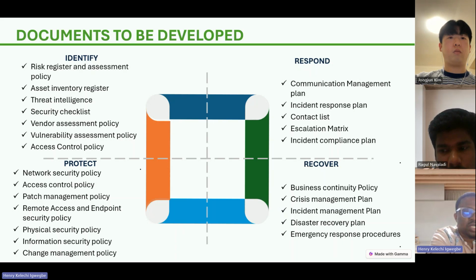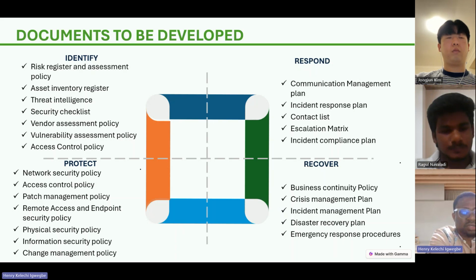For the identify phase, key documents there are the risk register and the risk assessment policy, amongst others, the threat intelligence policy and the security checklist policy. For the protect function, we have a lot of policies that need to be developed: network security policy, access control policy, and the likes, patch management policy, etc. At the respond level, a lot of policies and documents need to be developed, including the incident response plan, which is a very important one, the communication management plan, the contact list, and so on.